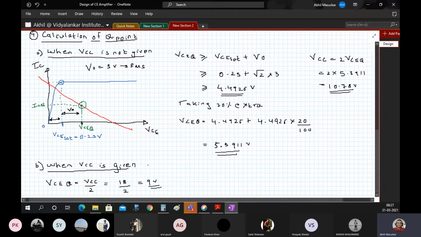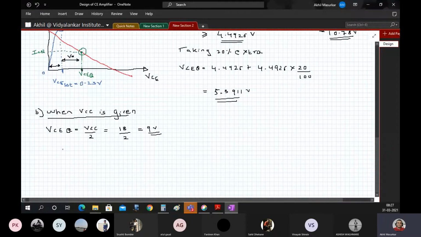Mostly in the exam VCC will be given. So if VCC is not given, then nobody should have a doubt how to calculate VCEQ. It can still be calculated. Now we are going to use the values from here, that is our VCEQ is equal to 9 volts.